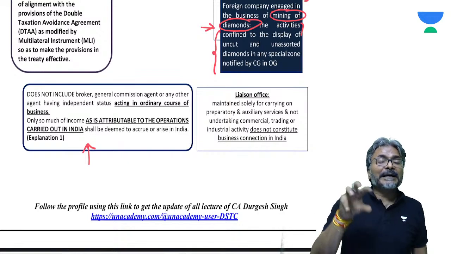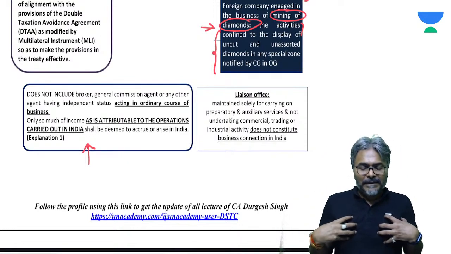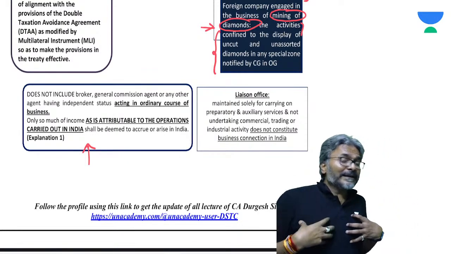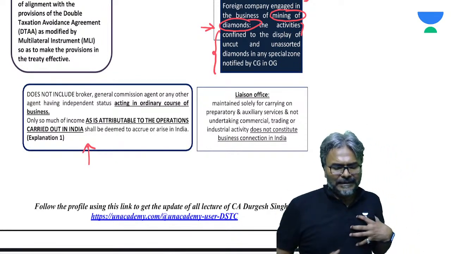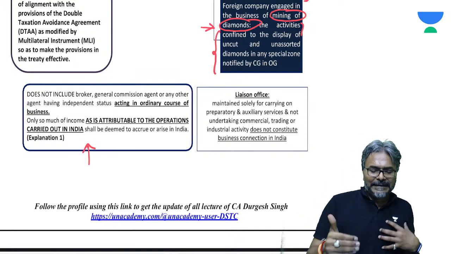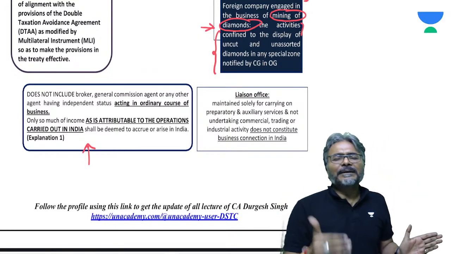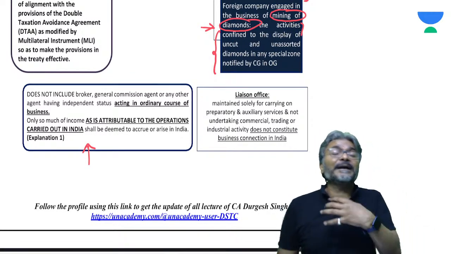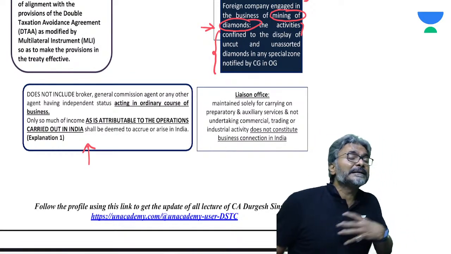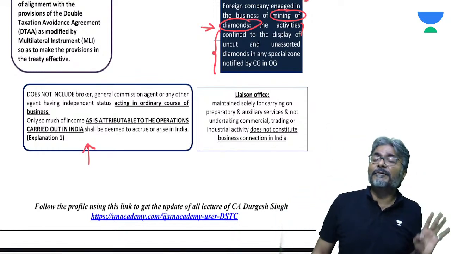That particular case is where the agent, in his independent capacity, buys and sells the goods of the non-resident, not on behalf of the non-resident, but in his independent capacity.